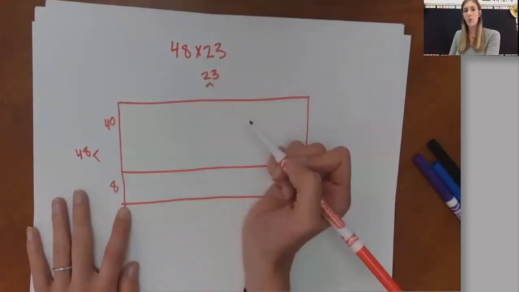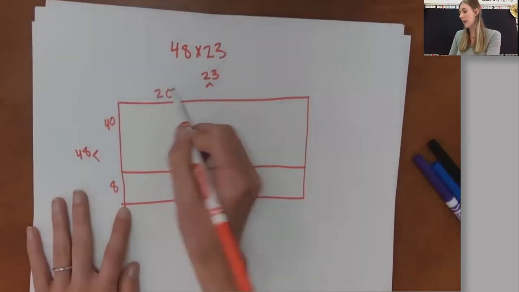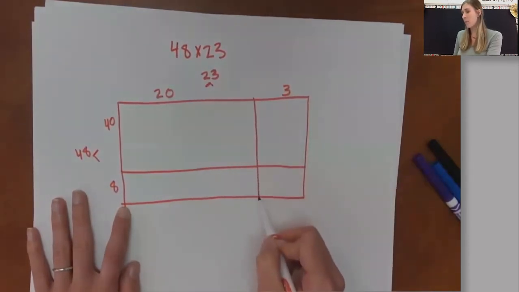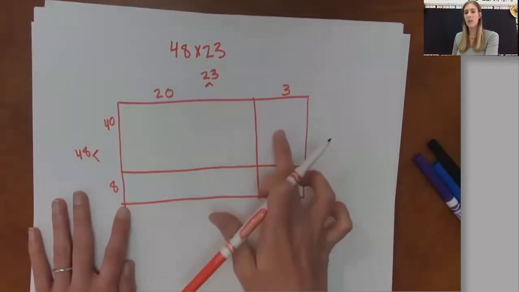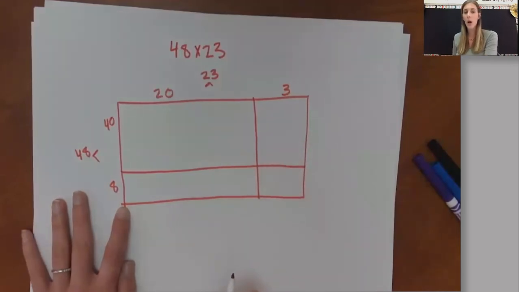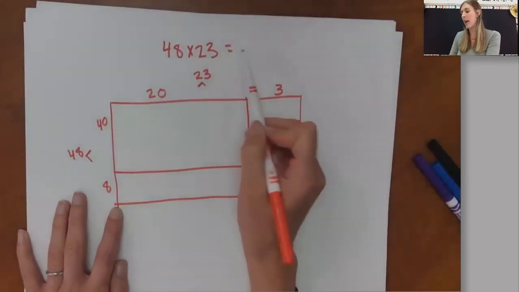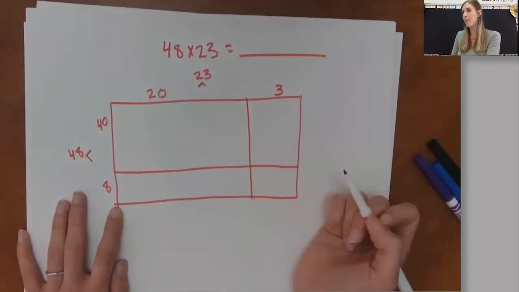And then when we write 23 in expanded form, we get 20 and 3. And we'll break that apart as well. So now we have 4 sections that we have to go through and find the partial products, and then we'll put them all together in the end to find the total product of 48 times 23.